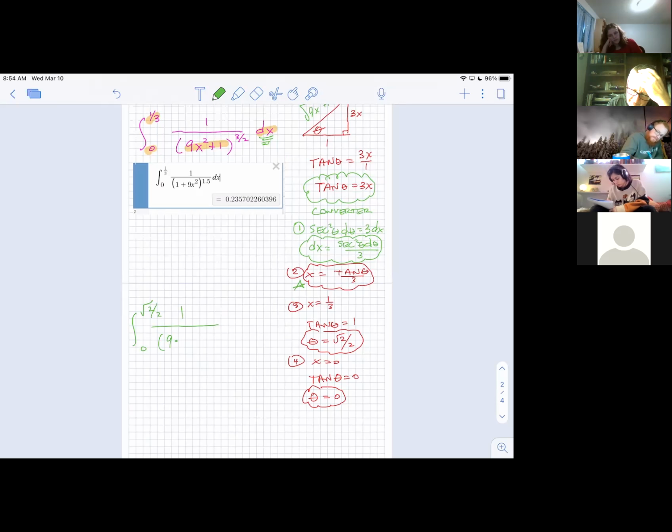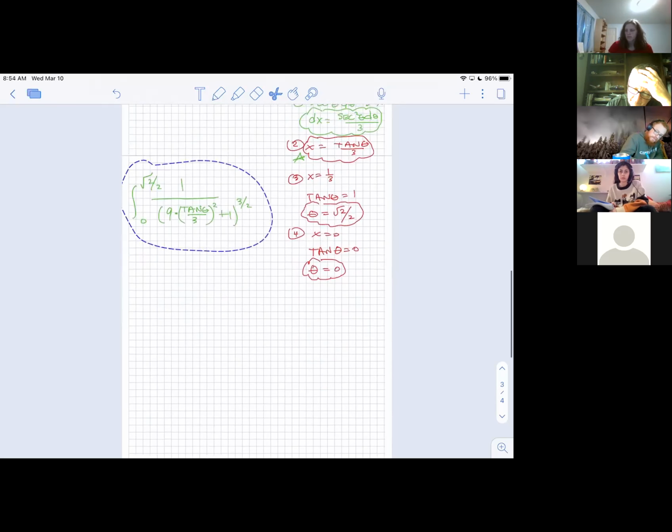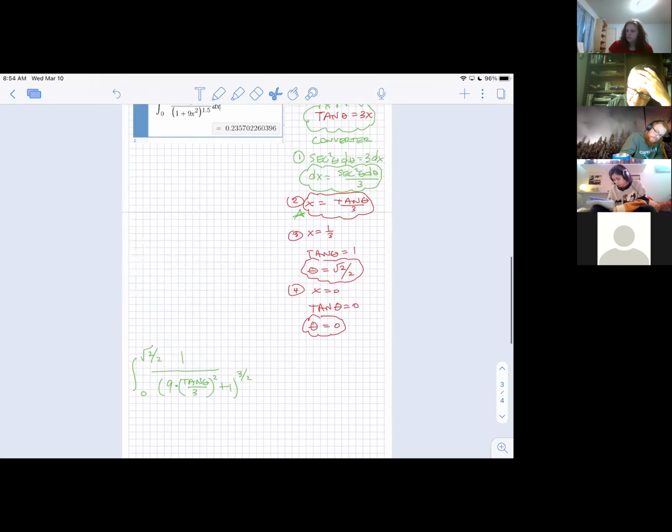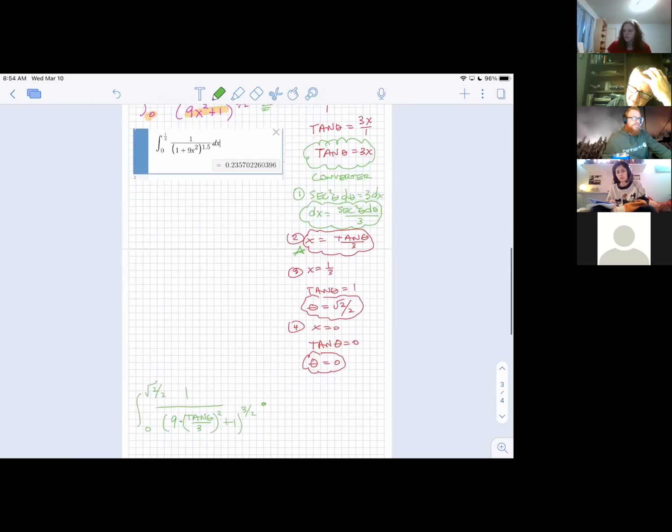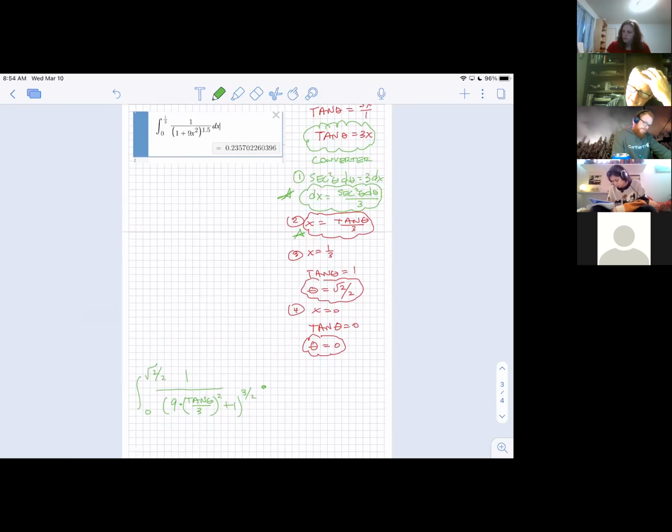So 9 times the tangent of theta over 3, squared, plus 1, to the 3/2. Can you see what's cool about the bottom right now? Can you see where that's going? Again, it looks terrible, but where's that going? We'll get there. And then times dx, the last thing, and I figured out right here that dx was secant squared d theta over 3.